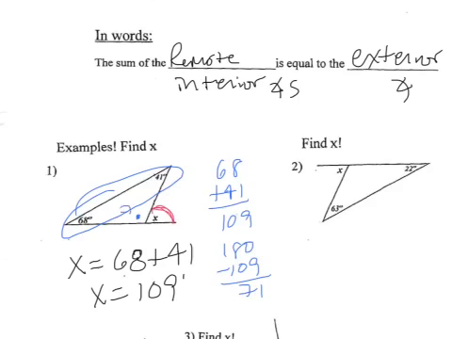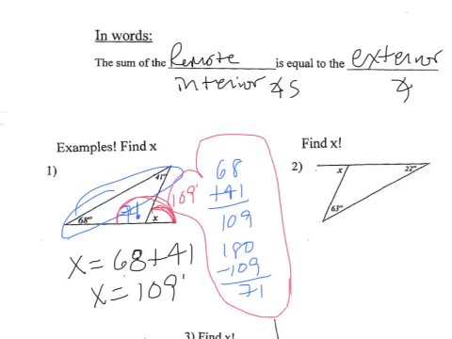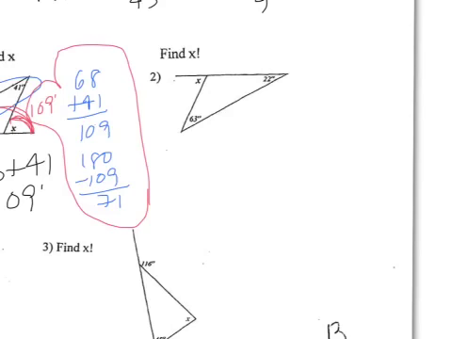That means that this angle on the inside of the triangle is in fact 71. And then knowing that those two are a linear pair, it winds up making angle X 109 degrees. That seems kind of silly to go through all of this work when you could just add the two remote interior angles. So let's take a look at number 2, please.